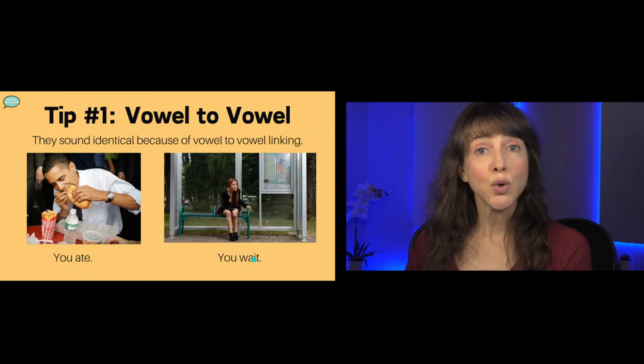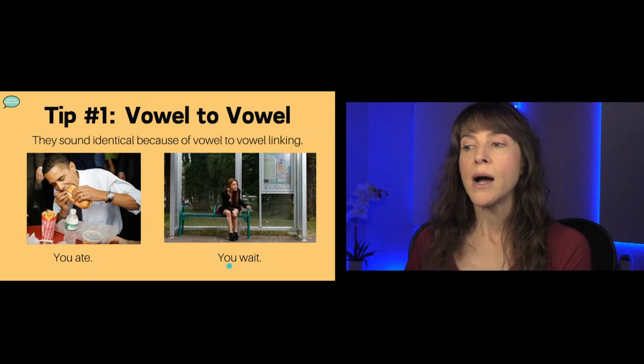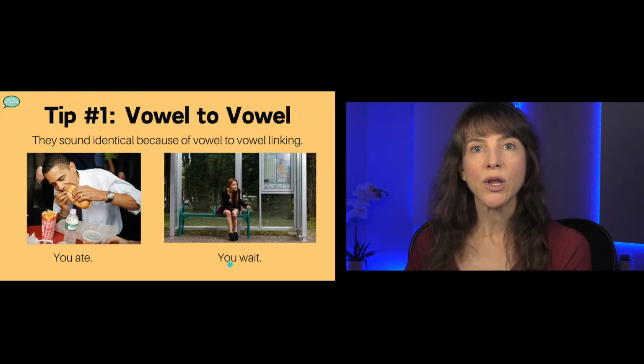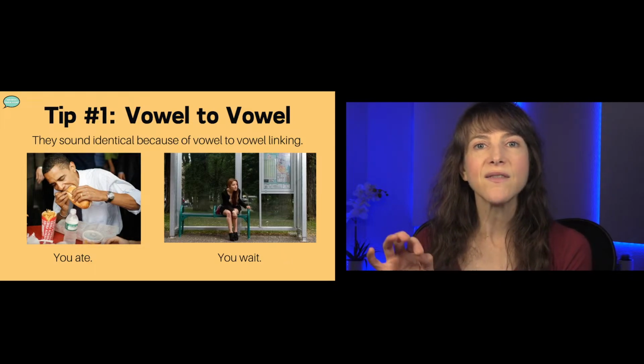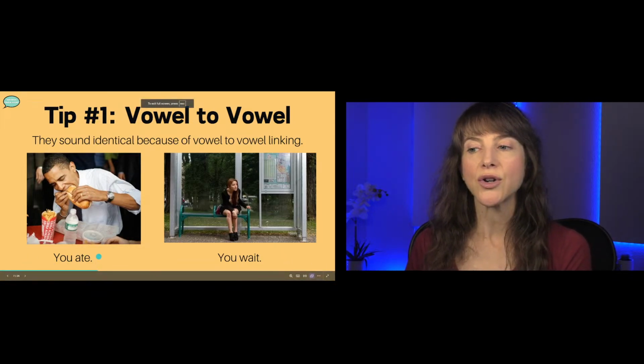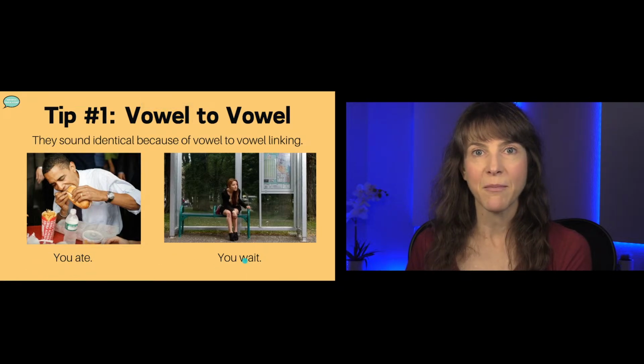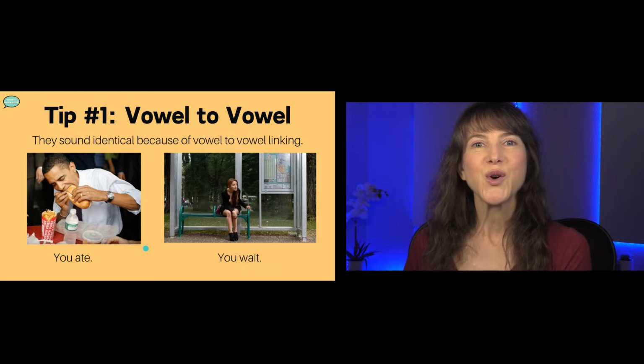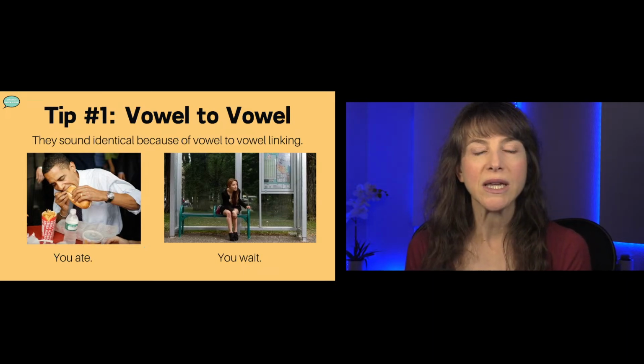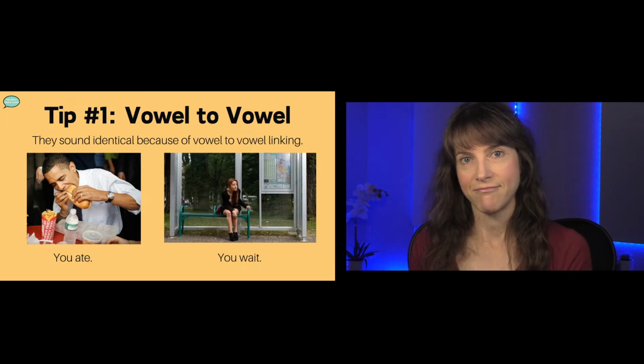The phrase you wait also ends in a vowel. You wait. So here it begins with a W consonant, but because of the way vowel to vowel linking occurs here, this phrase sounds the same as this one. So it's kind of crazy with vowel to vowel linking because you can create pairs of words that do sound the same, right?